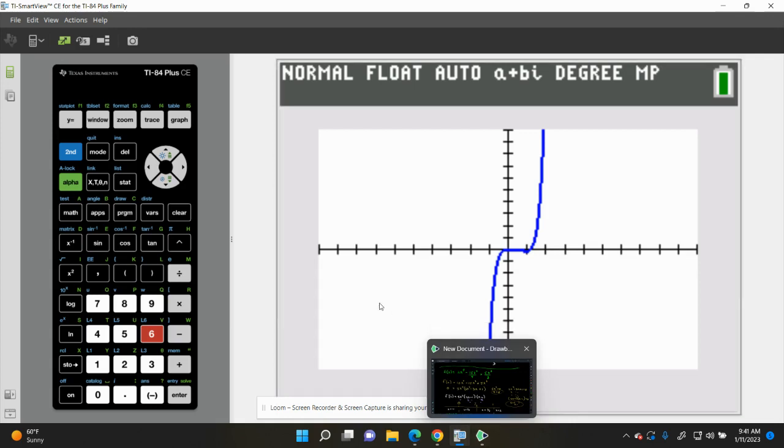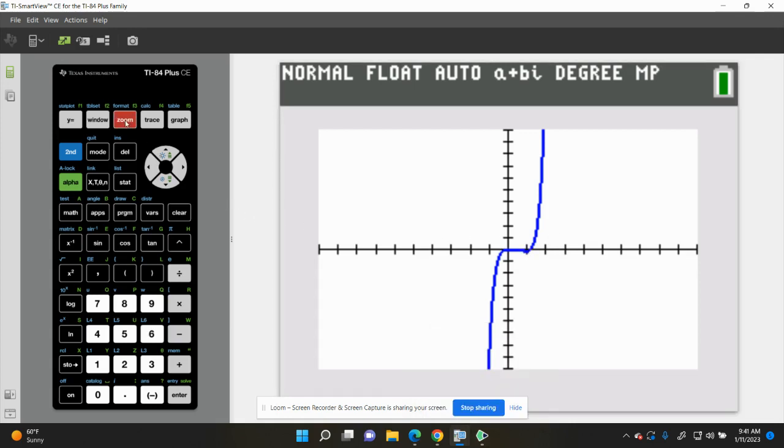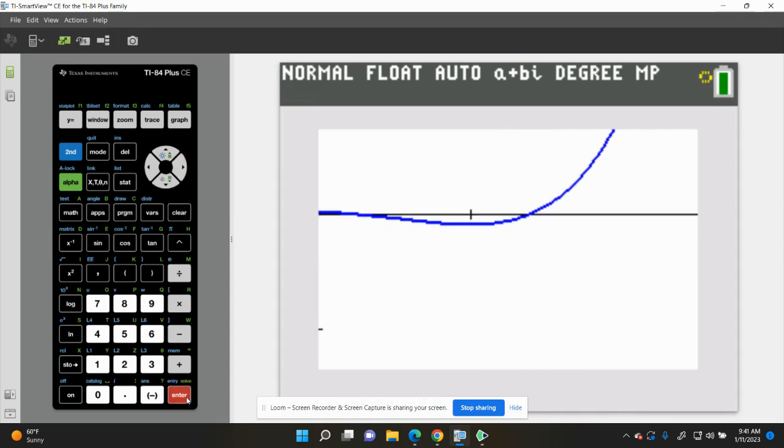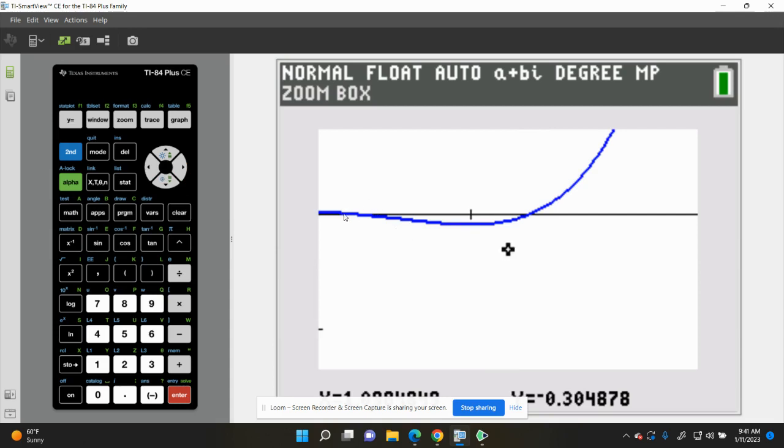The only area that I'm questioning would be this little area right here. So if I did a zoom box there, let's just take a closer look at this. Oh, it does appear to decrease here.